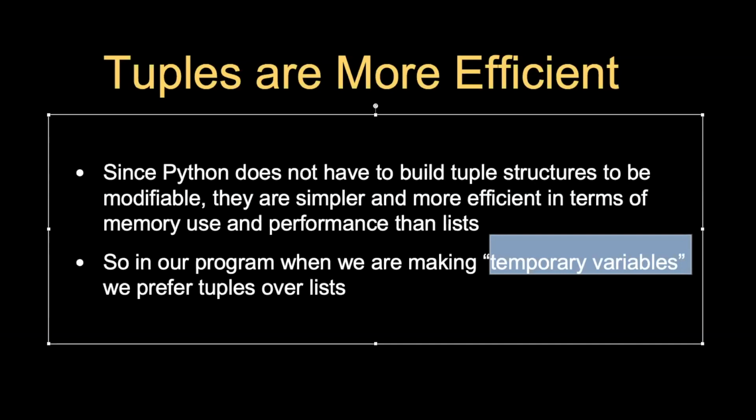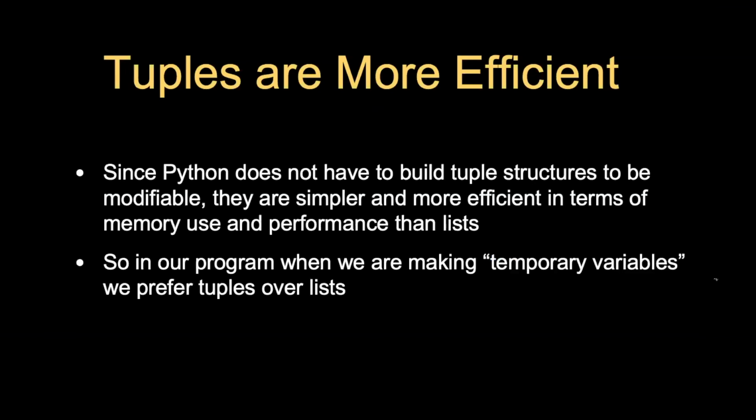A Tuple might take 1/10 of the memory footprint that a list would. So why would you want to use the more expensive data structure to store a collection of values? You can dump the same collection of values, they're all temporary anyway, into a Tuple. Both Tuples and lists, you can read from, but you don't need to write into these temporary variables. So why not use Tuples? That's exactly what the second point means.